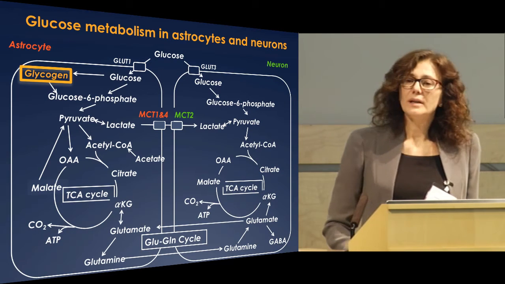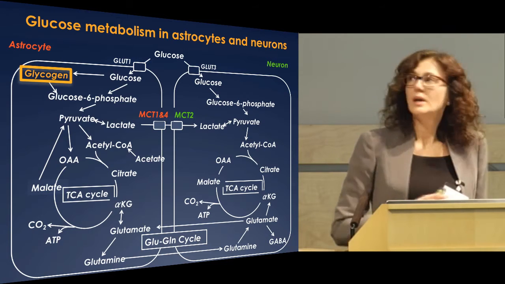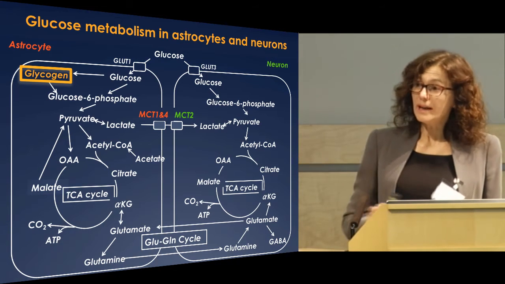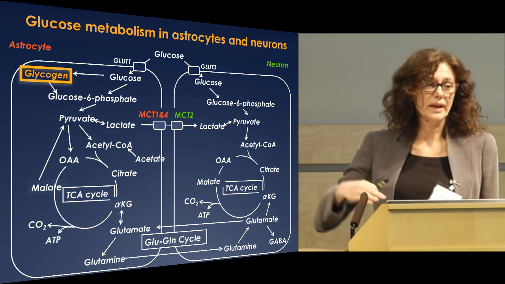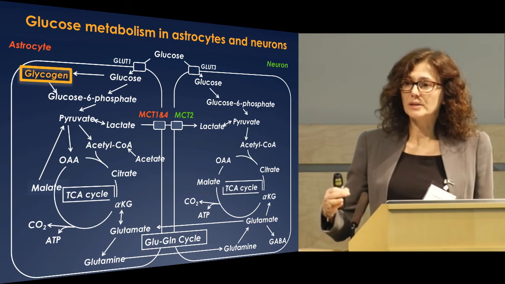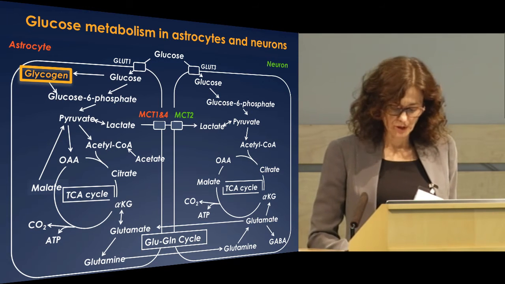So what they did, Akinobu and Sarah, they systematically asked whether glycogen metabolism and lactate formation and transport are required for long-term memory formation, for inhibitory avoidance long-term memory formation.